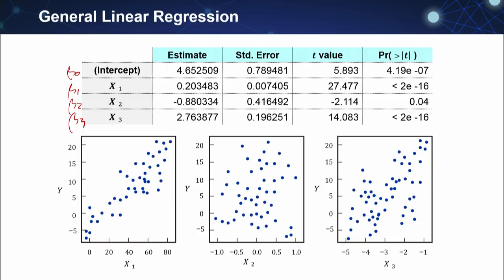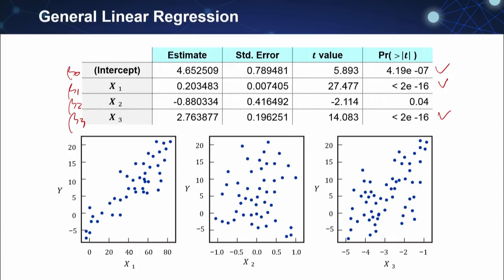As you see here, x1 and x3 have a very low p-value, as does the intercept. That means we can be sure that x1 and x3 are related to y.